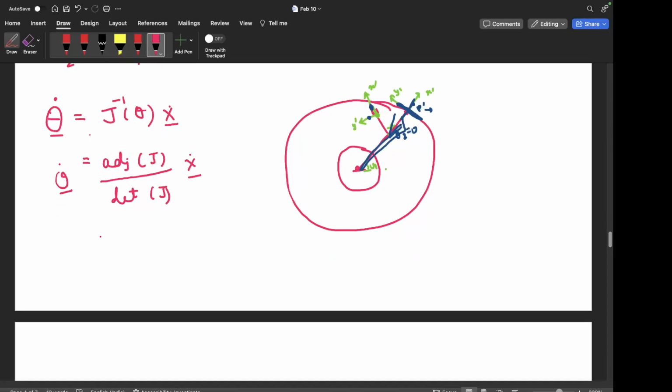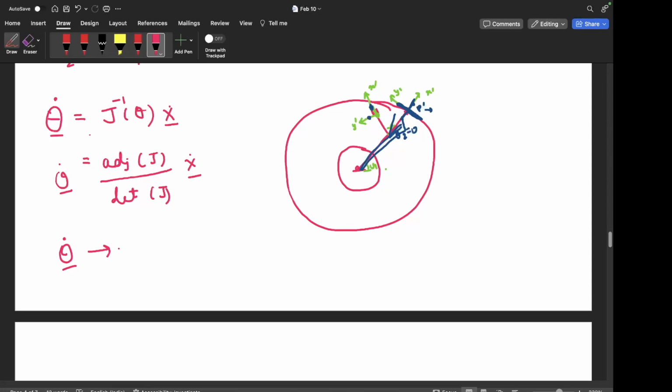First we saw that determinant of J is 0 at singularities. Now when will theta dot be maximum? Or in fact, pardon me, when it is maximum it is like taking it to infinity, which is the case we just saw.